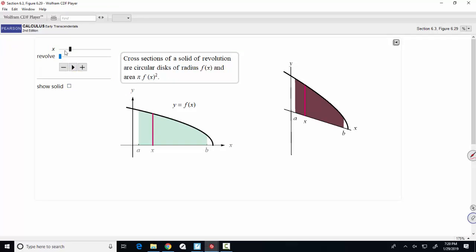There's our cross section, our slice, or our rectangle, and then when we revolve that, notice again, it's perpendicular to the axis of revolution, which is the x-axis. So we're revolving that around. That rectangle is turning into a what? A circle. So the cross sections that are generated here are circles.